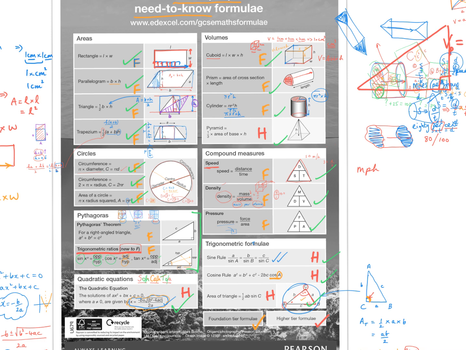One nice thing I think that's going to happen, in fact I'm almost sure, if there is a formula that's not mentioned here, it's more than likely going to be given on the exam paper next to the actual question. So say for example you had to use the volume of a cone, it would probably tell you that it's pi r squared h divided by 3, for example.